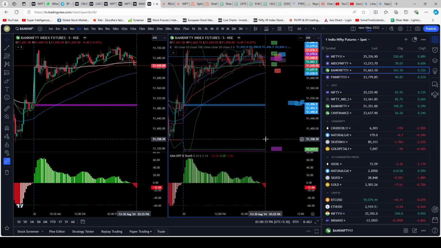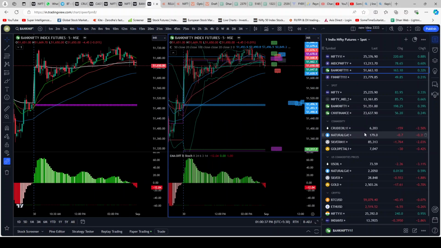Now, by default, the indicator looks like the way you see it on screen. All right. There is kind of too much information, and it's got color coding that I don't understand. All right. But we'll quickly go over them.